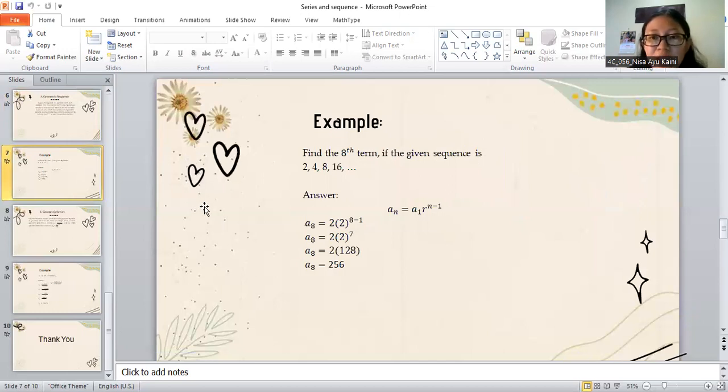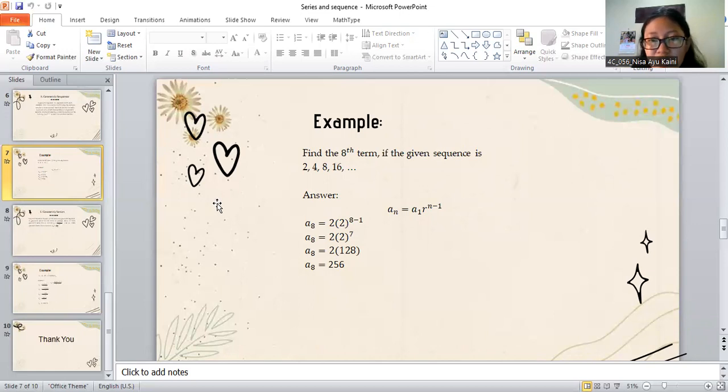Okay, next slide. Let's take an example in solving a geometric sequence. Find the x term if the given sequence is 2, 4, x, 16. We can use the formula a sub n equals a sub 1 multiplied by r raised to the power of n minus 1. A sub x equals 2 multiplied by 2 power x minus 1.